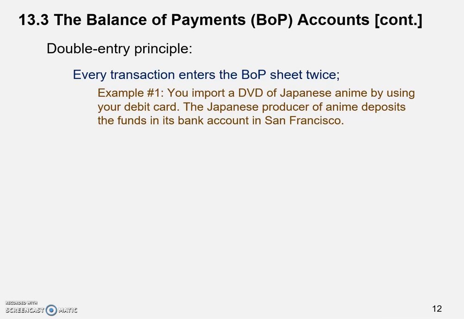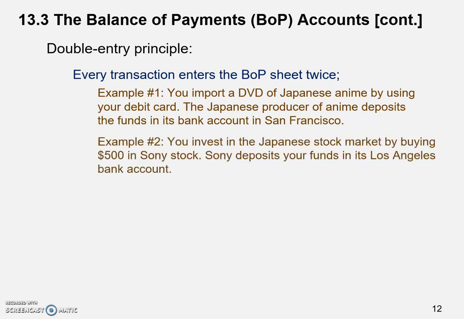Double entries, right? The second example: you invest in the Japanese stock market by buying $500 in Sony stock. Here you are purchasing a foreign asset, so the money flows out to make the payment of your purchase, so it's going to be a debit under financial account. At the same time, Sony deposits your funds in its Los Angeles bank account.